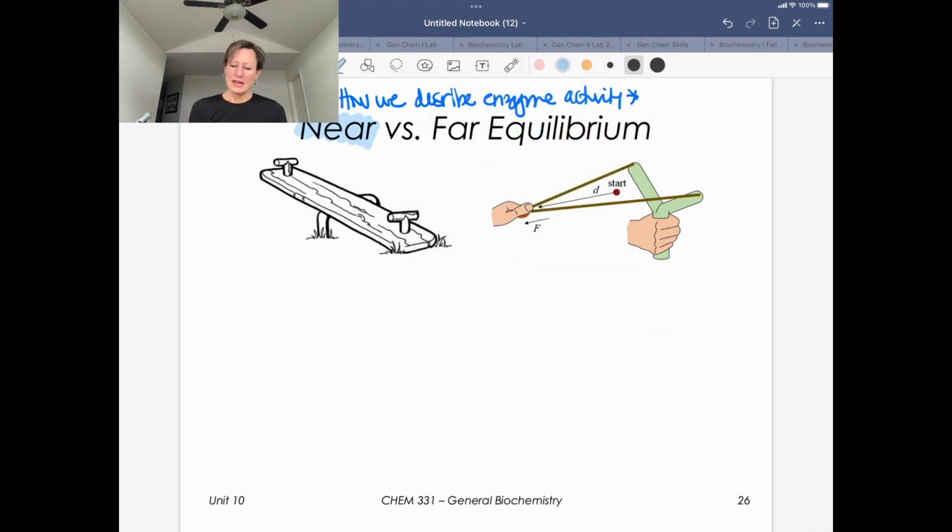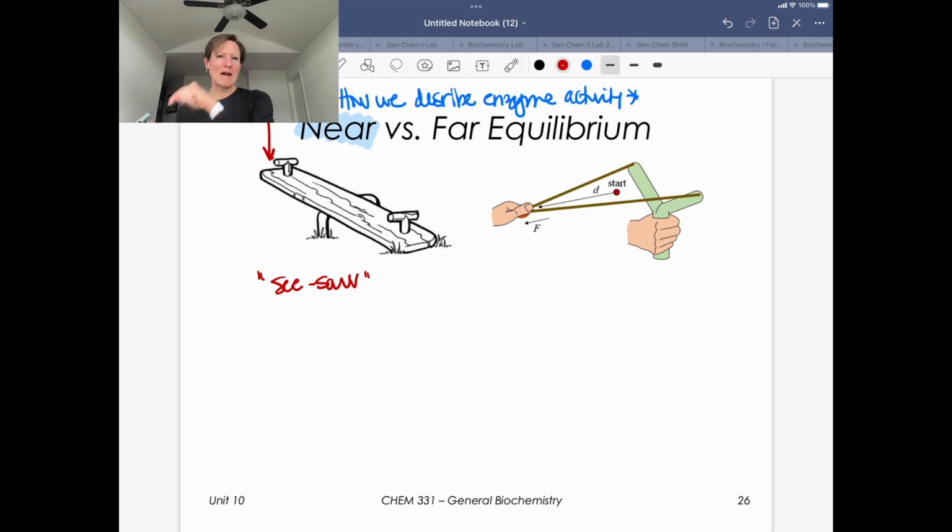So the toy analogy I want you to think about is a seesaw or a teeter-totter, whatever camp you came from. And as I go through this description, I'm going to highlight the main pieces that you need to make sure that you understand and know about, and the differences between near equilibrium and far equilibrium reactions or enzymes.